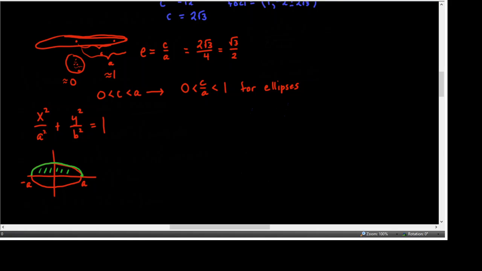So first of all, what is that function? What is the function where y is equal to it? Gives me the top half of that ellipse. Well, if I solve this equation for y, I will get y squared over b squared is equal to 1 minus x squared over a squared.